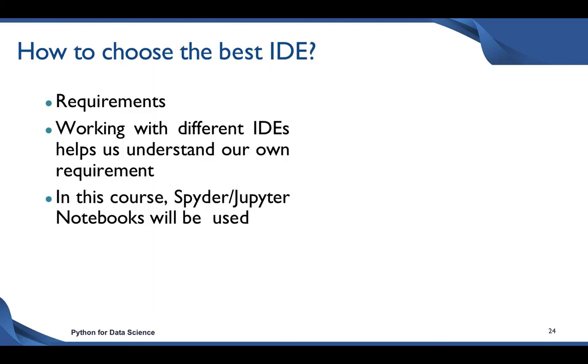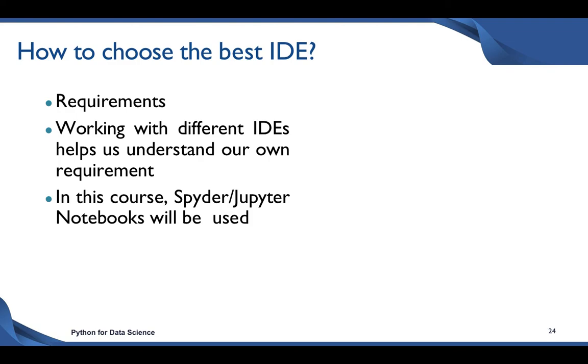Now the question arises: how can we choose the best IDE? It all depends upon the requirements first of all, and working with different IDEs helps us understand our own requirements. Second, if you are working on data science with Python, I would recommend Spyder and Jupyter notebooks because they are widely used. And if you are going for a full-fledged web application, then go for PyCharm.